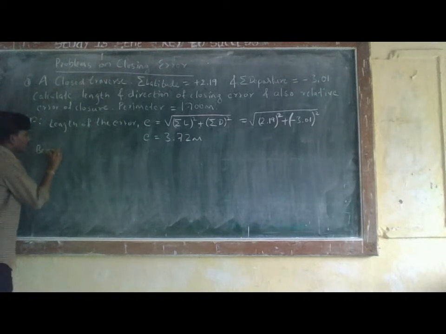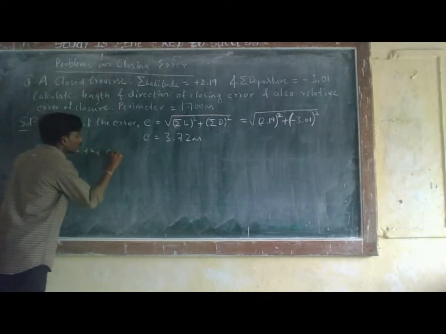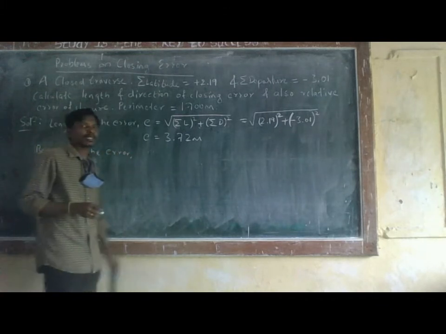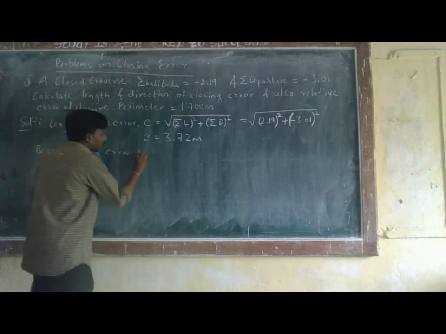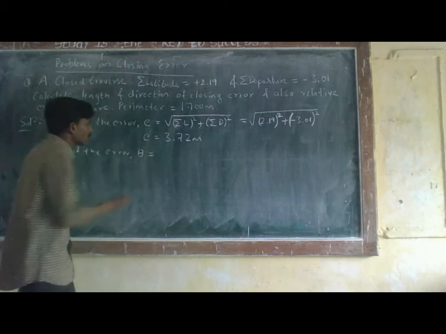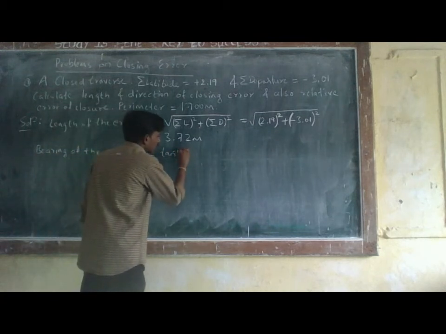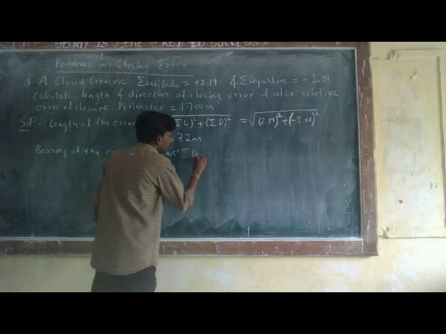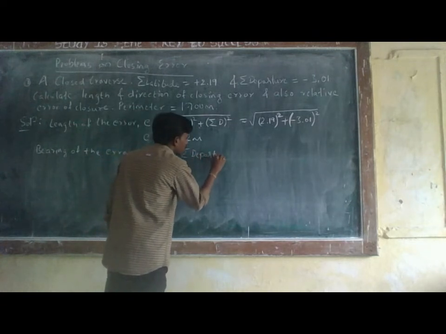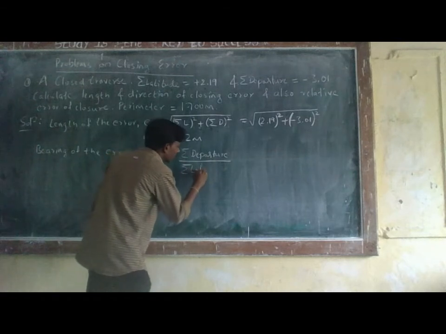Now the bearing of the error is denoted by theta. So theta is equal to tan inverse of summation of departure divided by summation of latitude.